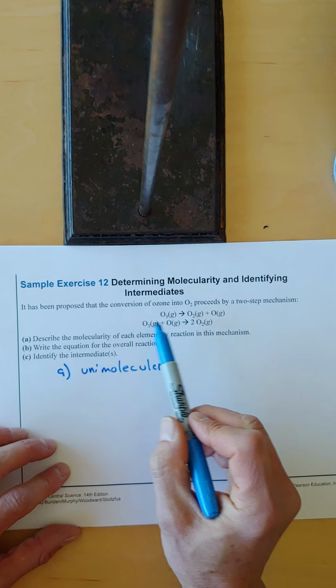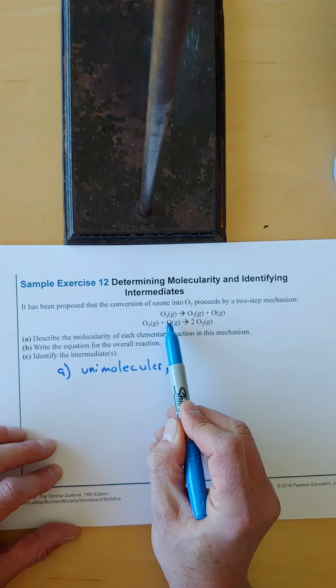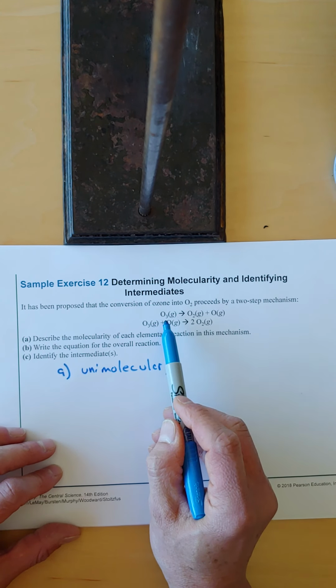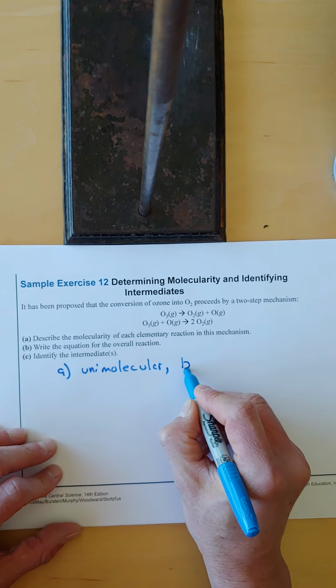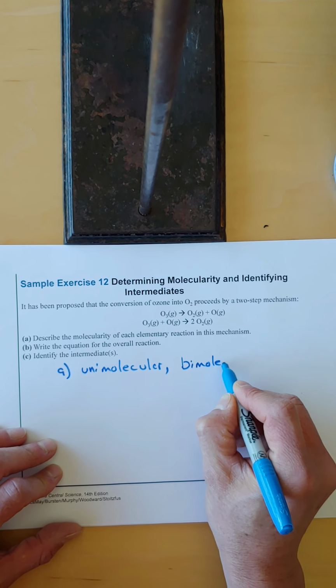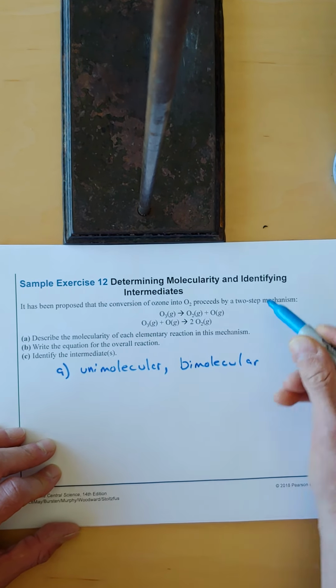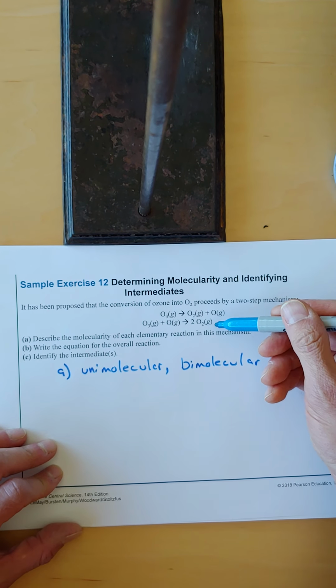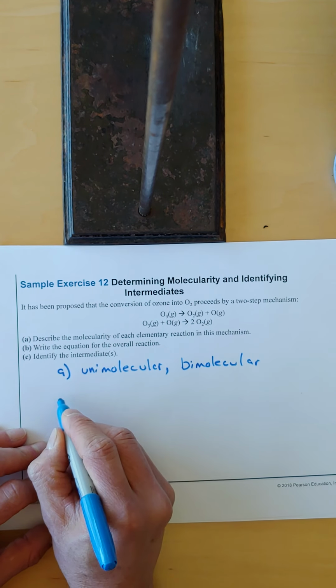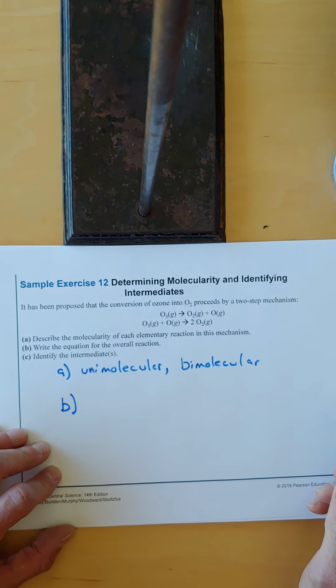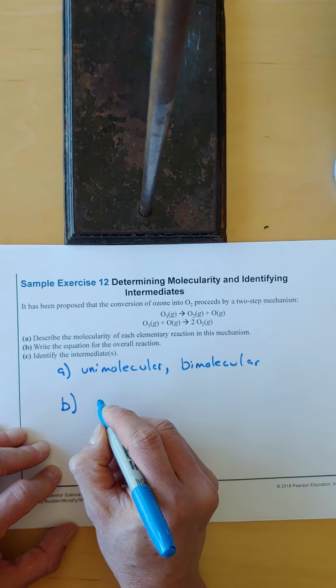The second reaction has ozone plus O. So there I have 2 molecules. So my second reaction, bimolecular. Okay. So my first step is a unimolecular reaction. Second is bimolecular. The overall reaction, so if I add these 2 reactions, right?